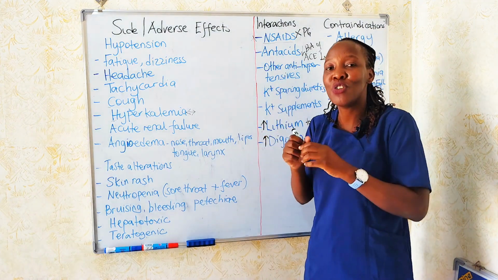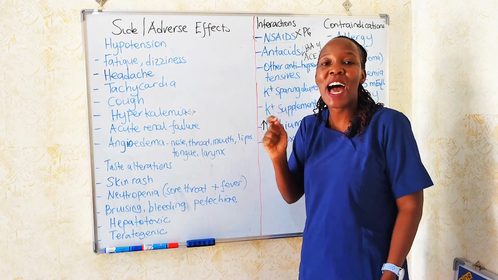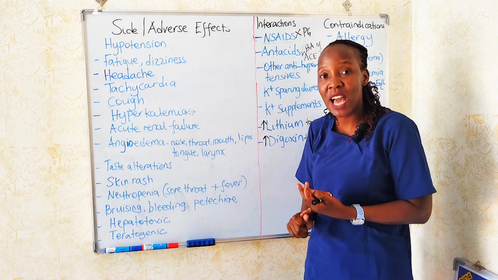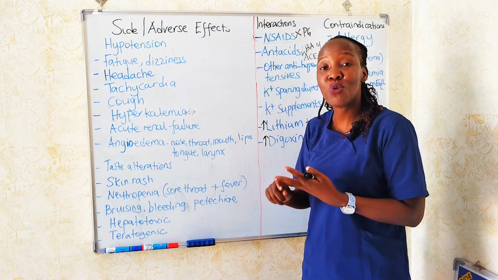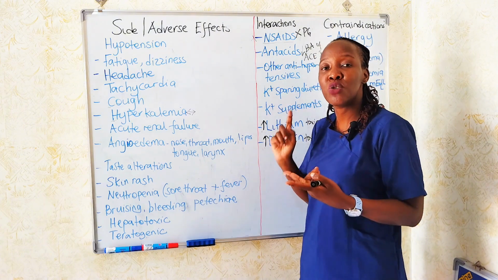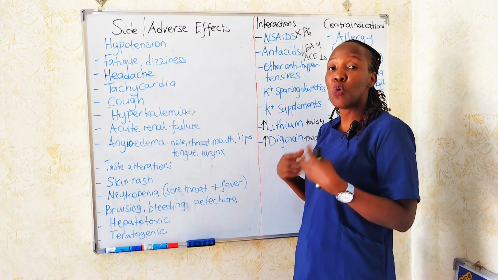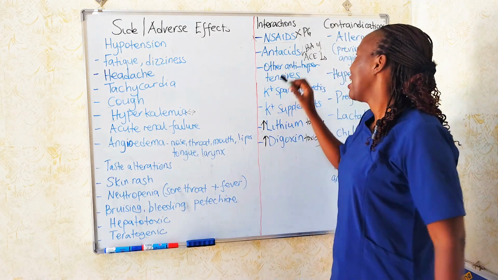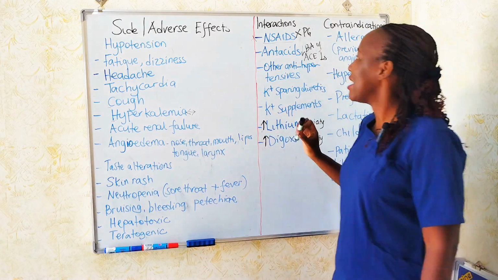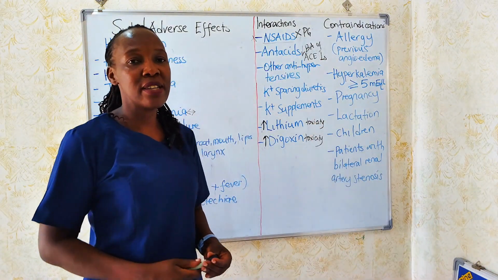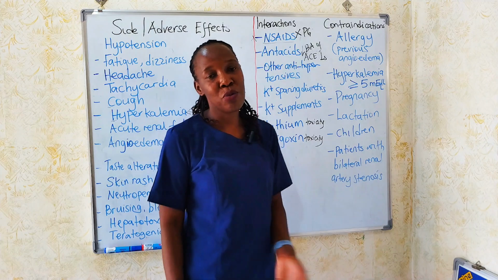We question those things that we think are not right for our patient. Maybe they're going to put the patient at risk. The drug is going to cause interactions. The drug is going to cause an adverse effect. The patient maybe has a contraindication. So we question that, okay? Then, when we come to decide what are the contraindications for ACE inhibitors, of course, allergy would be one of them.